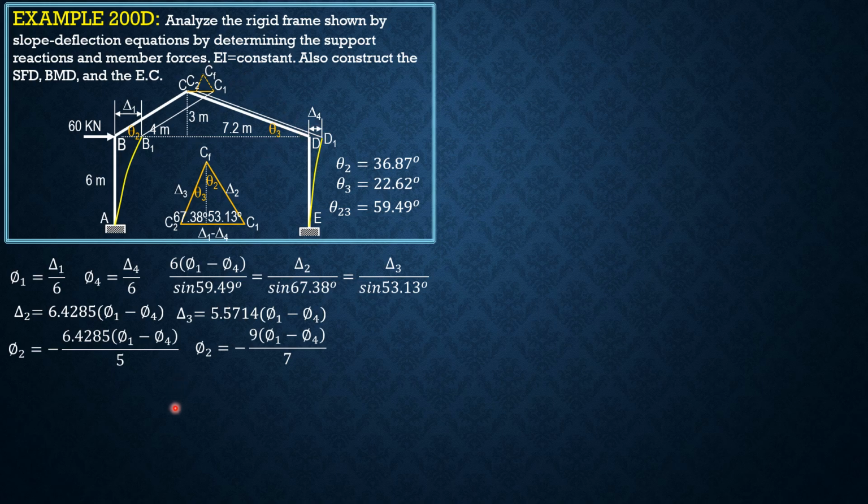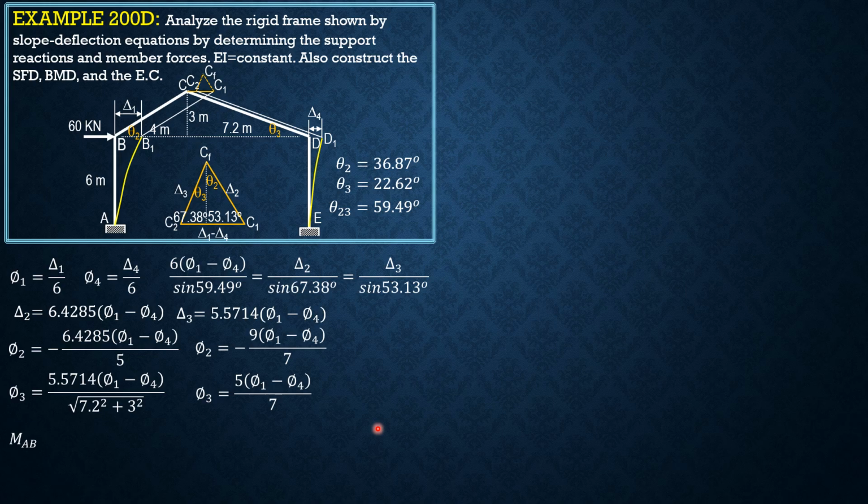So therefore, P sub 3 is positive. It is equal to 5.5714 times P1 minus P4 divided by length, which is square root of 7.2 square plus 3 square, and it is equal to 5 quantity P1 minus P sub 4 over 7.